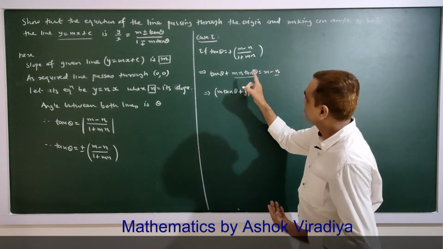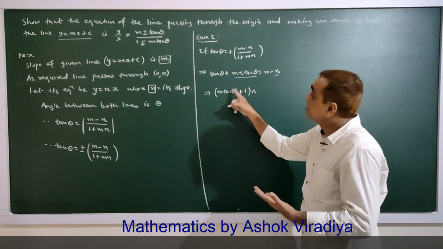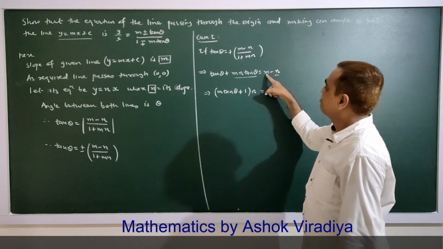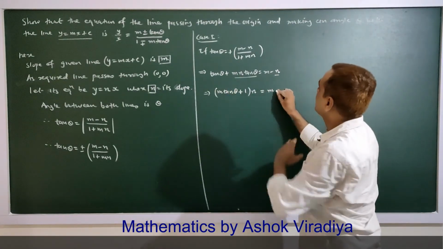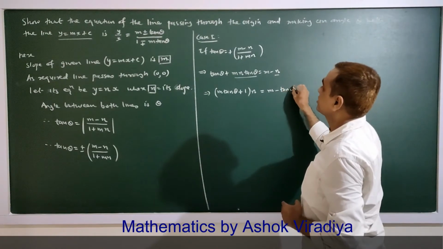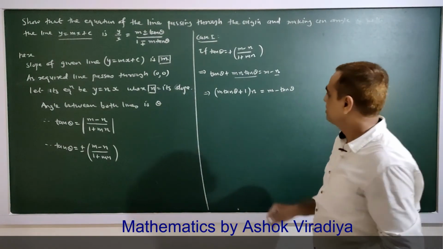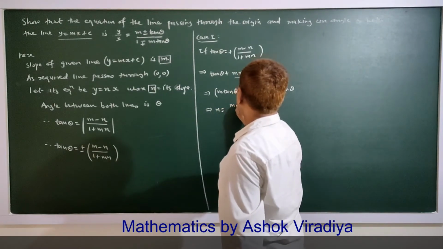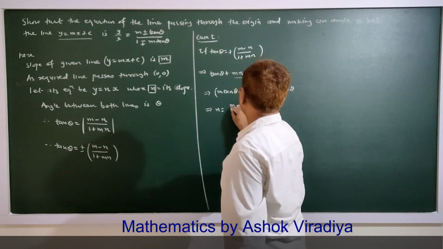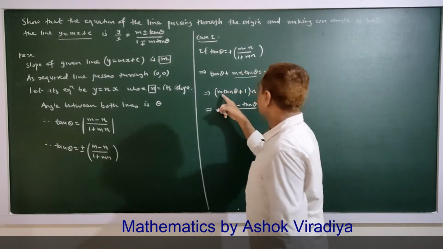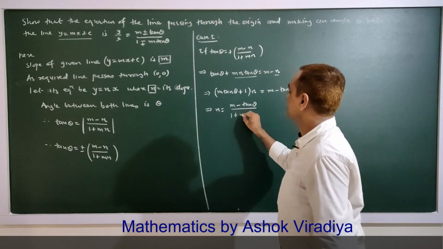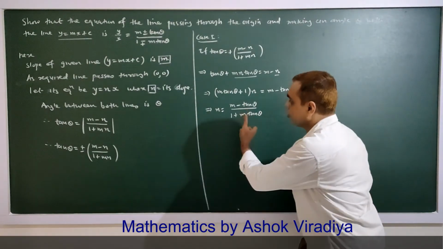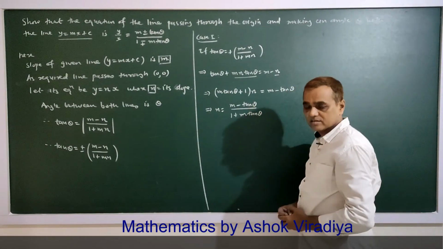This number is shifted on this side, and from both these numbers n is taken common. It is equal to m, as it is tan theta I am taking on this side, so m minus tan theta. That means n is equal to m minus tan theta upon 1 plus m tan theta.